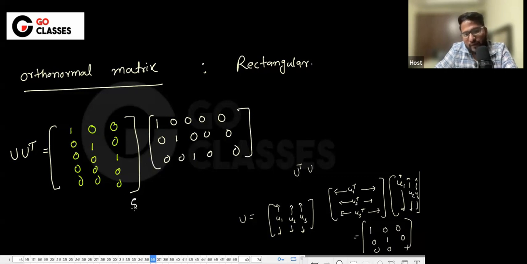This is a 5 cross 3 matrix and this is a 3 cross 5 matrix. Let's just check if it is identity.